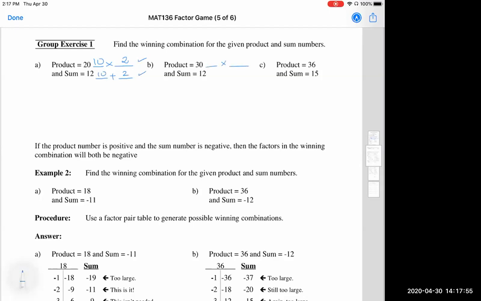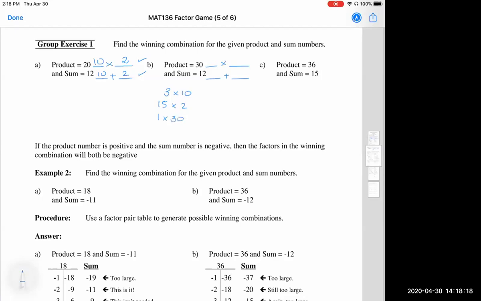What two numbers can I multiply to get 30, but when I add those same two numbers, I get 12? 3 times 10. I have to make a list. This one's not coming to me so quick. 3 times 10 gives me 30. 15 times 2. 1 and 30.